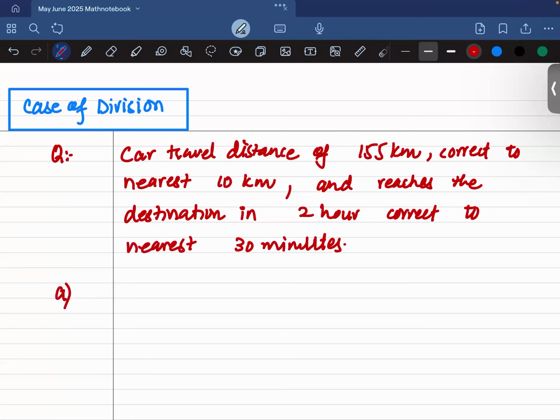Part A says: calculate the maximum speed.